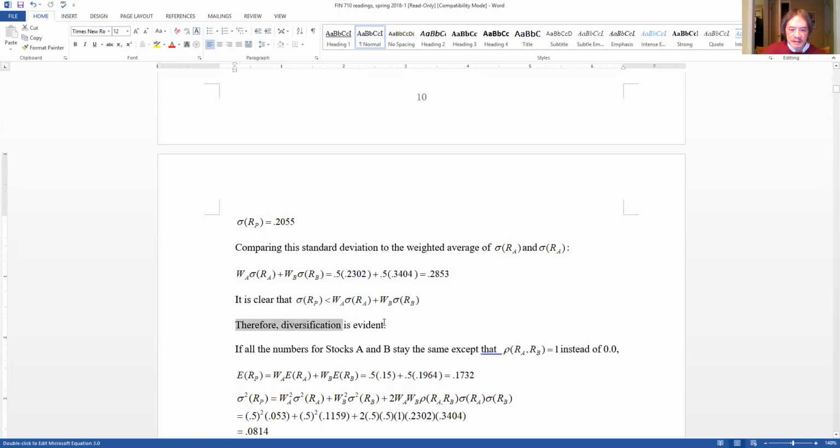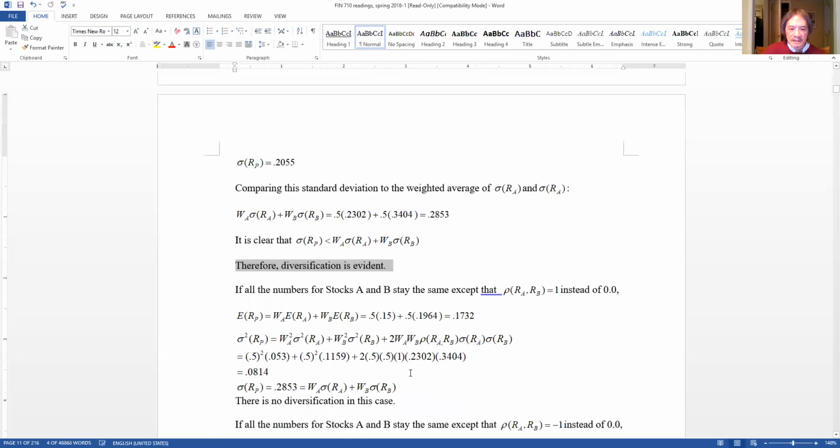So diversification exists, right? Notice that we are able to reduce the risk for the portfolio without sacrificing the return.